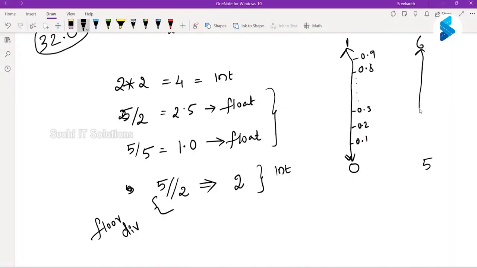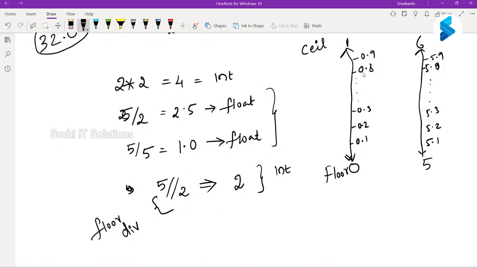Between 5 and 6 it would be something like 5.1, 5.2, 5.3, 5.9, and then 6, right? So if I take this as a floor value and this as a ceiling value, floor and ceiling.